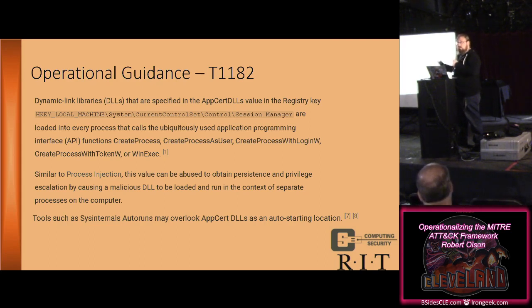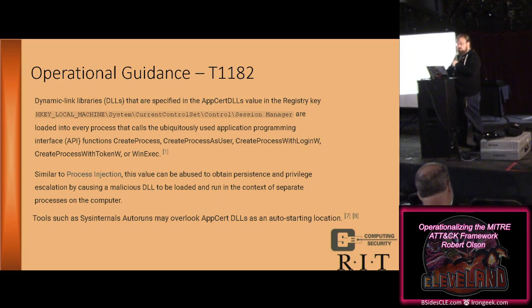So the specific technique that I used, there was some operational guidance in the ATT&CK framework. There was the registry key that I have to set. However, there was a lot of really relevant information to developing something for this that was missing. So it showed me the registry entry that I would have to set.